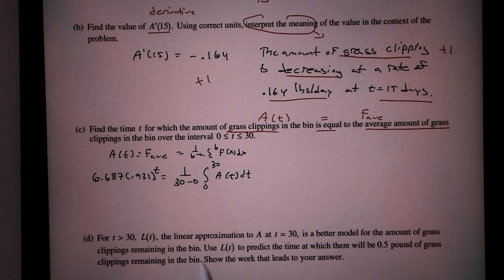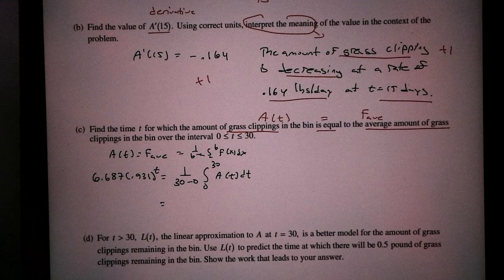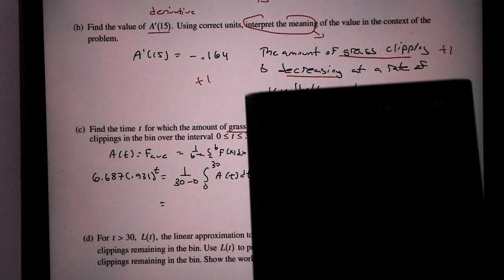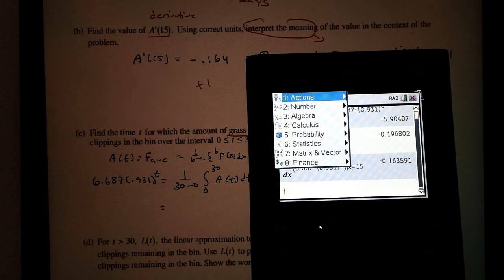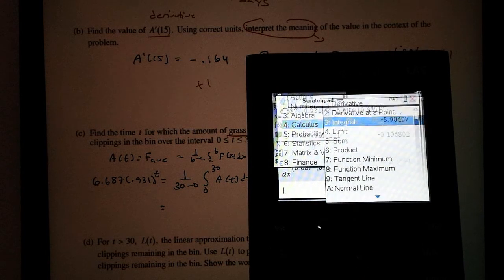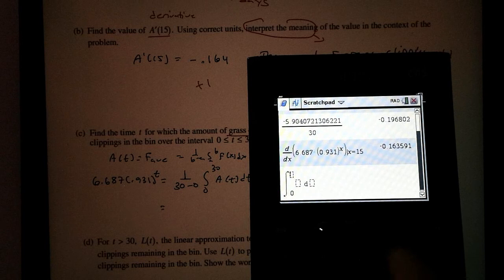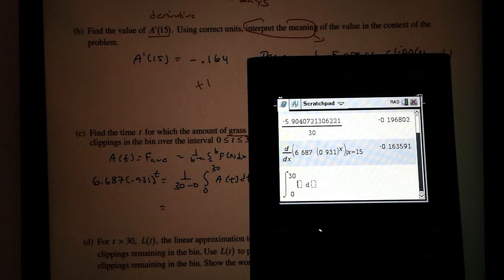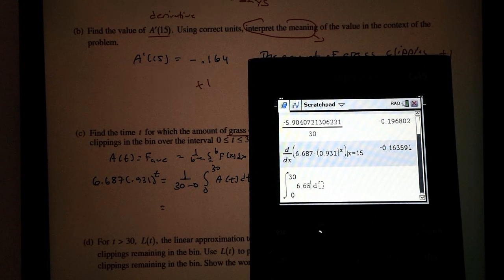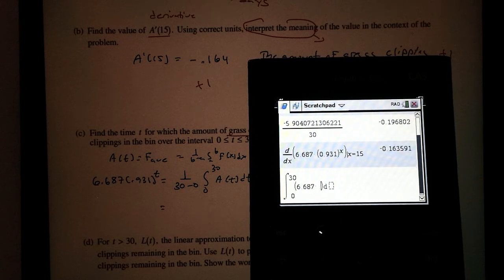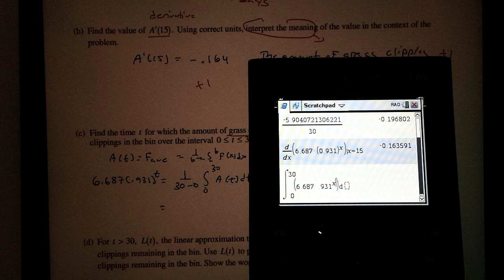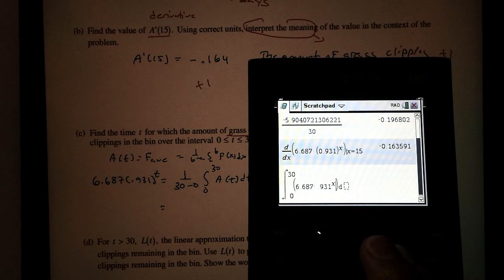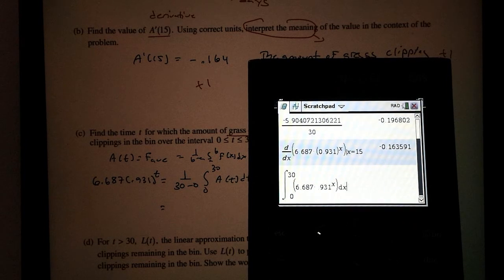All right. Now, I'm just going to type this in my calculator again. So now I'm going to use my integral here. Menu. Use my calculus again. Integral from 0 to 30 of A of t, 6.687 times 0.931 caret x, even though they use t, I'm using x. I could use t here if I want to, but I like to use x.